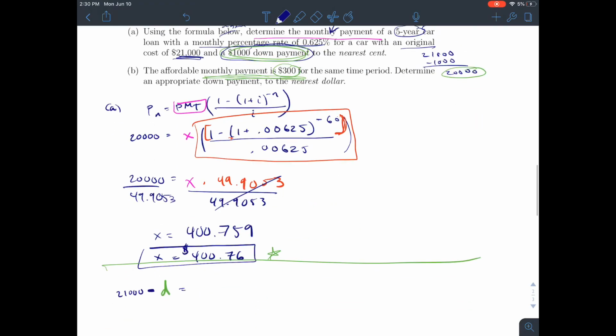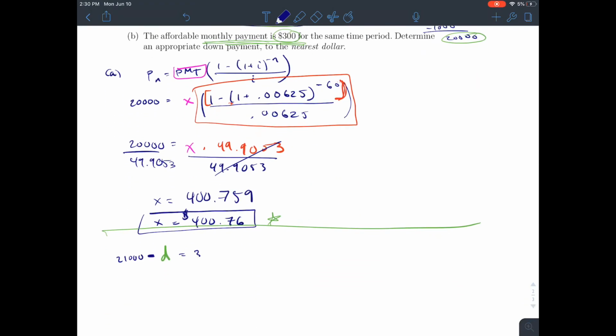The monthly payment, we can only afford $300, so that will be $300. Here we'll have 1 minus 1 plus the same percentage, 0.00625. Same loan length, so 5 years is 60 months, all divided by 0.00625. So now we need to solve for D from here.